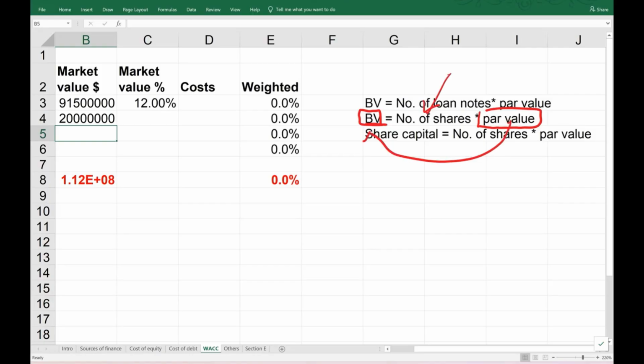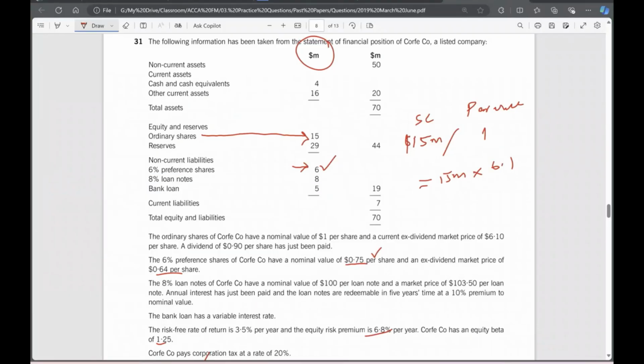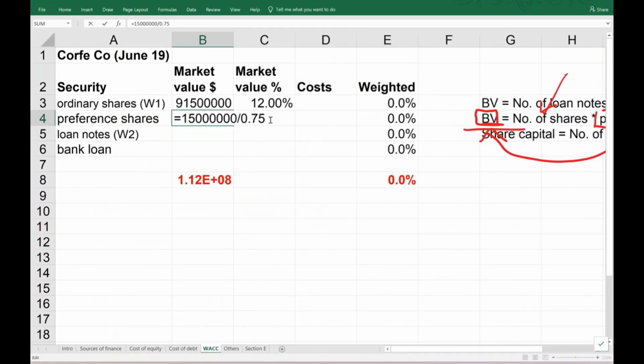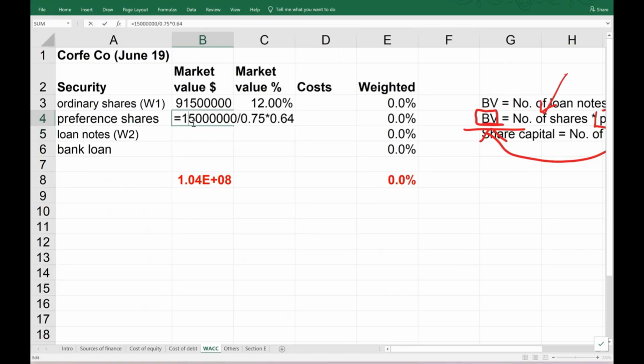So book value divided by par value will give you the number of shares. So how many shares do you have? Look here, 2 million or 20 million, how much? Yes, we find the number of preference shares. Now multiply with the market value, which is 0.64. Okay, you should tell me this then.